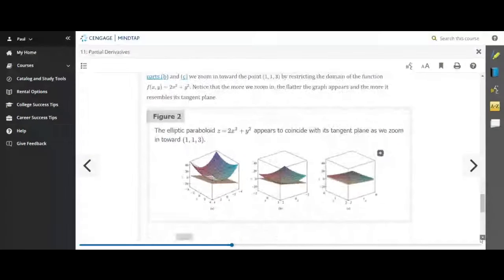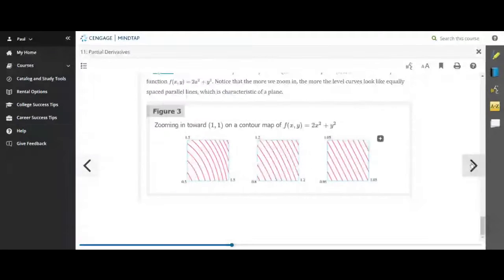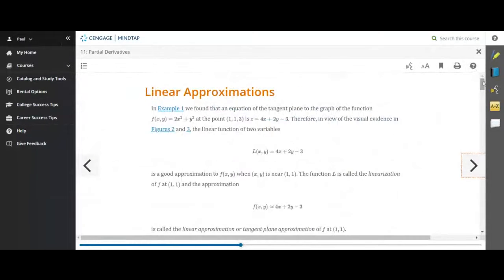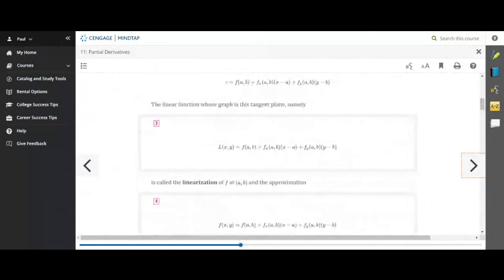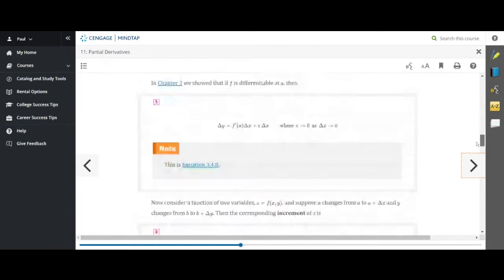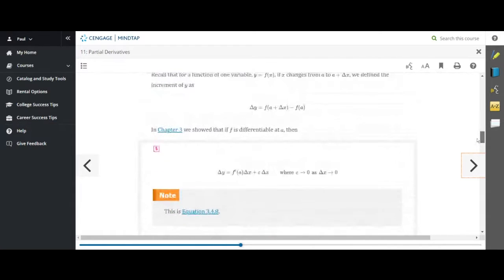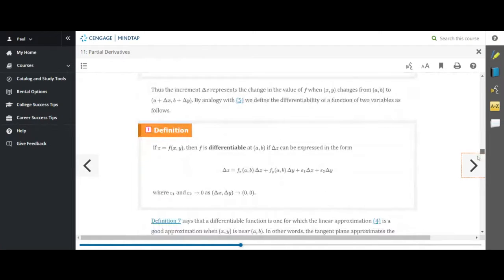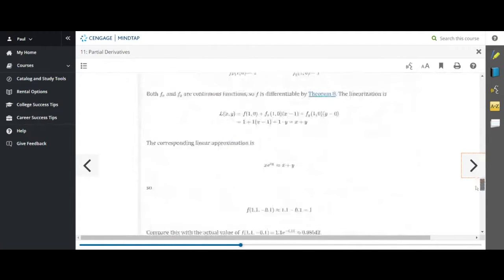Okay, so we looked at a little example here, and I want to look at a few more things. Linear approximations, we just discussed an example of that. And then how many recall differentials?